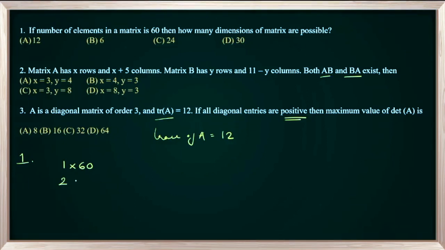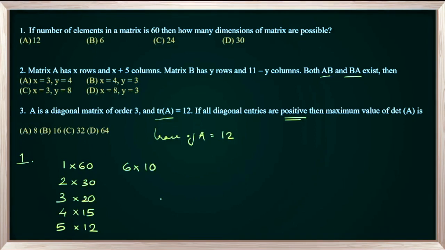I can arrange in 2 rows and 30 columns, 3 rows and 20 columns, 4 rows and 15 columns, 5 rows and 12 columns is also possible, or 6 rows and 10 columns.